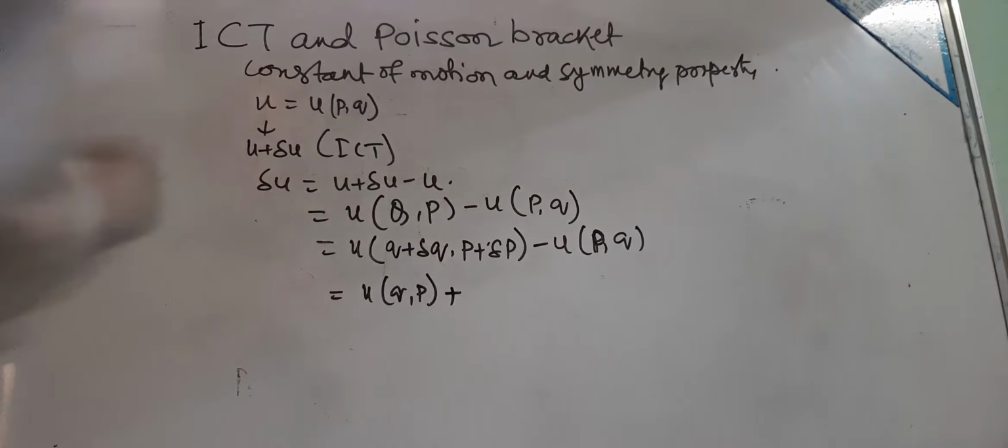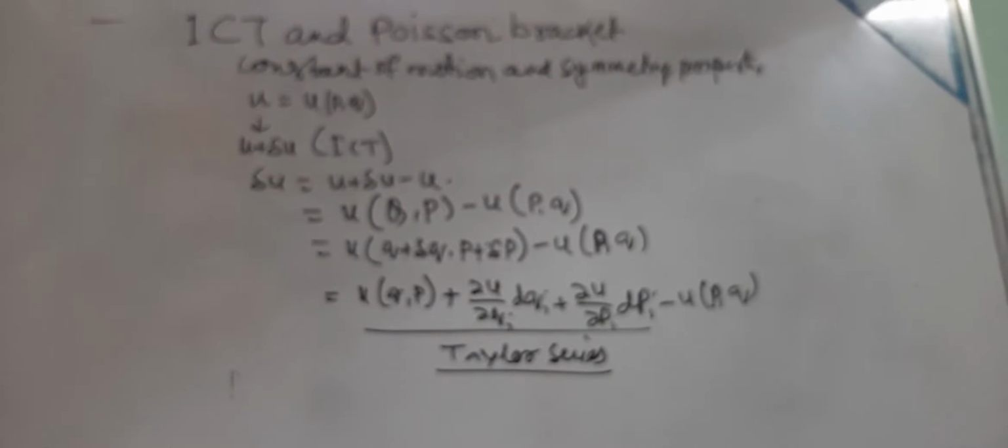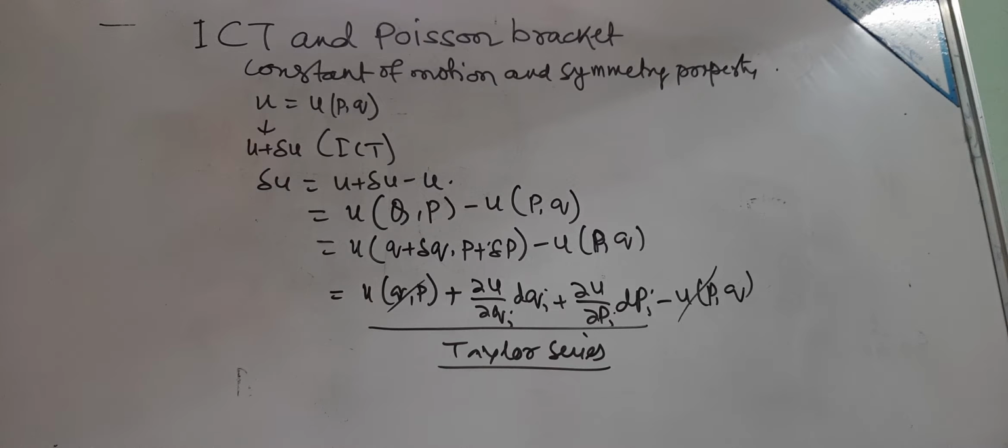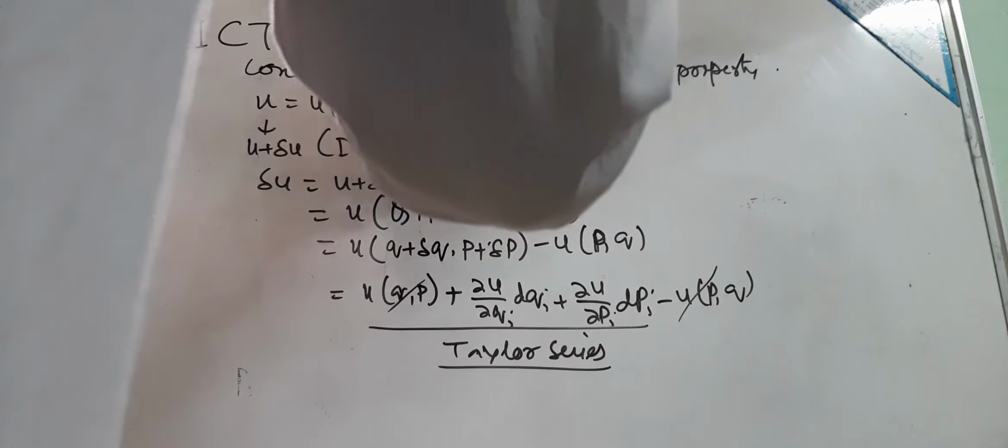So this is written as u of q, p plus del u by del qi dqi plus del u by del pi dpi minus u of p, q. Here I have done the Taylor series expansion. So therefore, what do we get? The u of q, p terms get cancelled. So ultimately, what do we get?